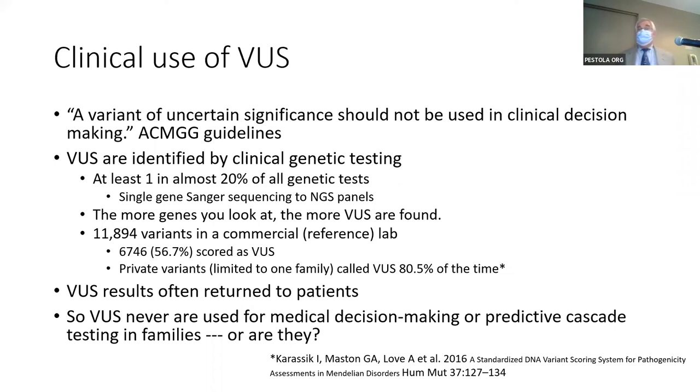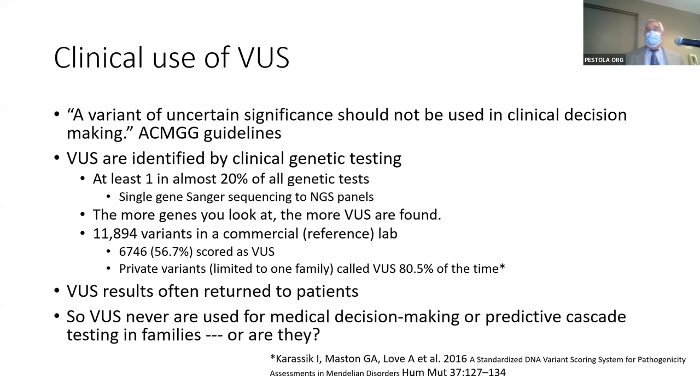almost 12,000 variants in a commercial reference laboratory, still in existence, and they scored over 50% of the variants that they found as VUSs. If it was a private variant limited to the family, they didn't find anybody else, it was 80% of the time it was called a variant of unclear significance, because we just don't have enough information to reclassify it.